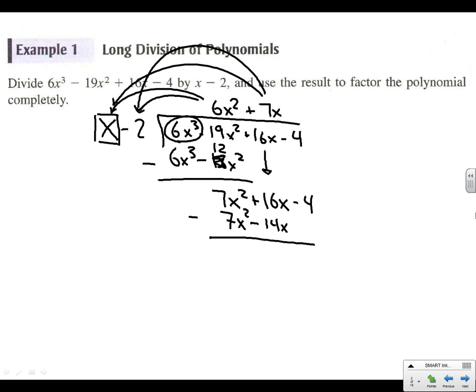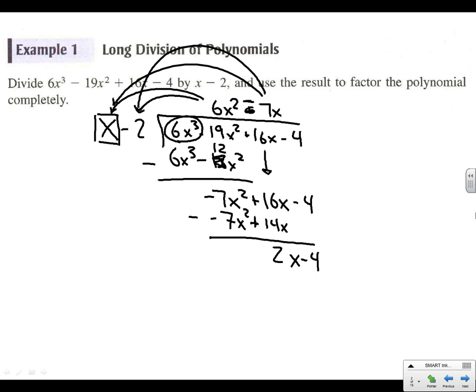Oh, something went wrong, I forgot a negative up here. It should be a negative 7x here, so that changes this to a minus and a plus. So we get 2x minus 4, and we'll start all over again.